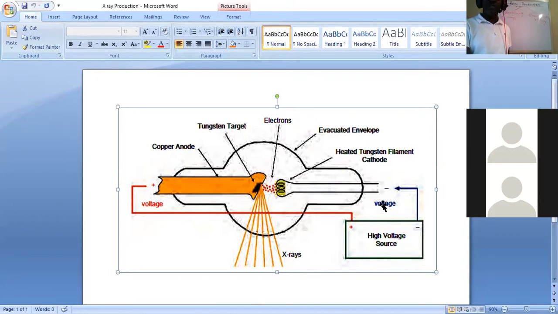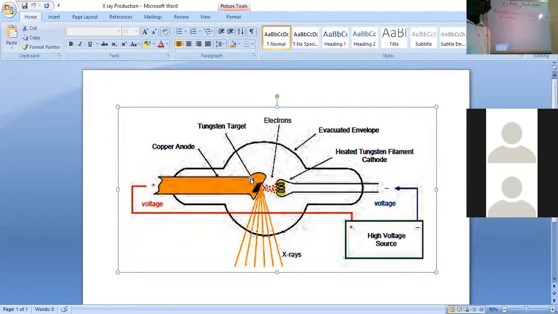The circuit produces electric current, just like normal heaters at home, when you heat these things up by plugging into the electric mains, something becomes heated up. In that process, electrons are emitted, so we don't see them. Electrons are emitted, and then the electrons emitted will not travel straight down to the anode.